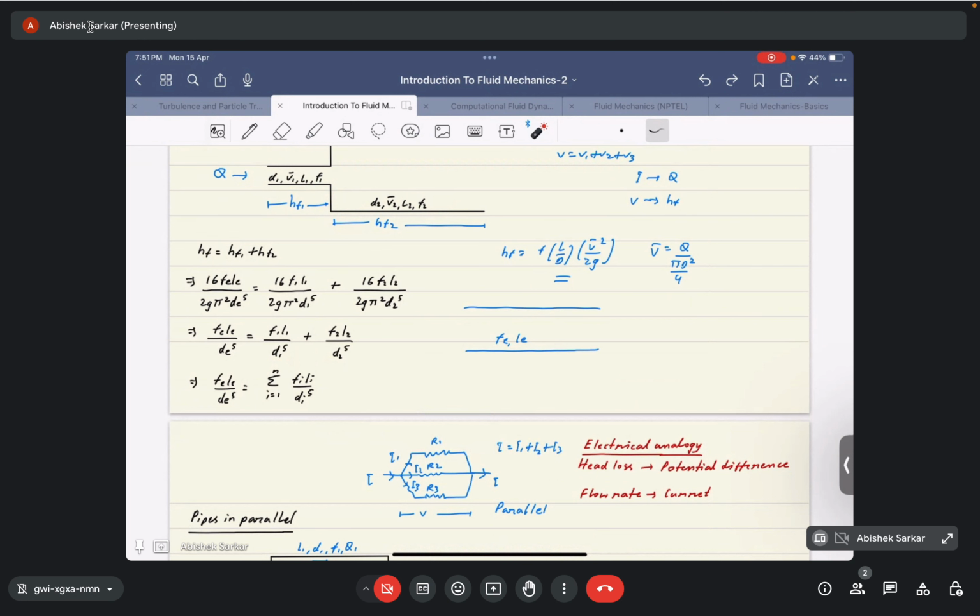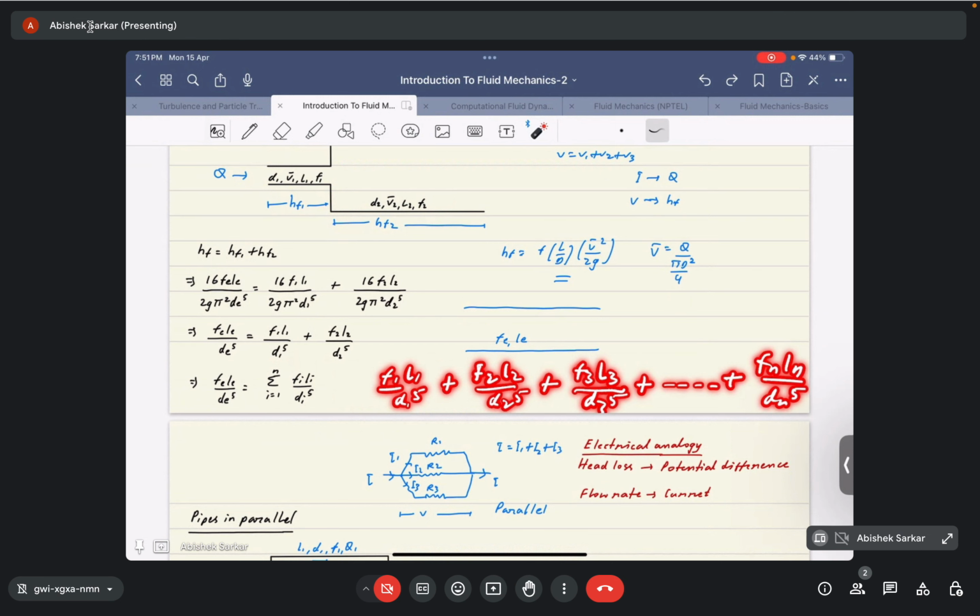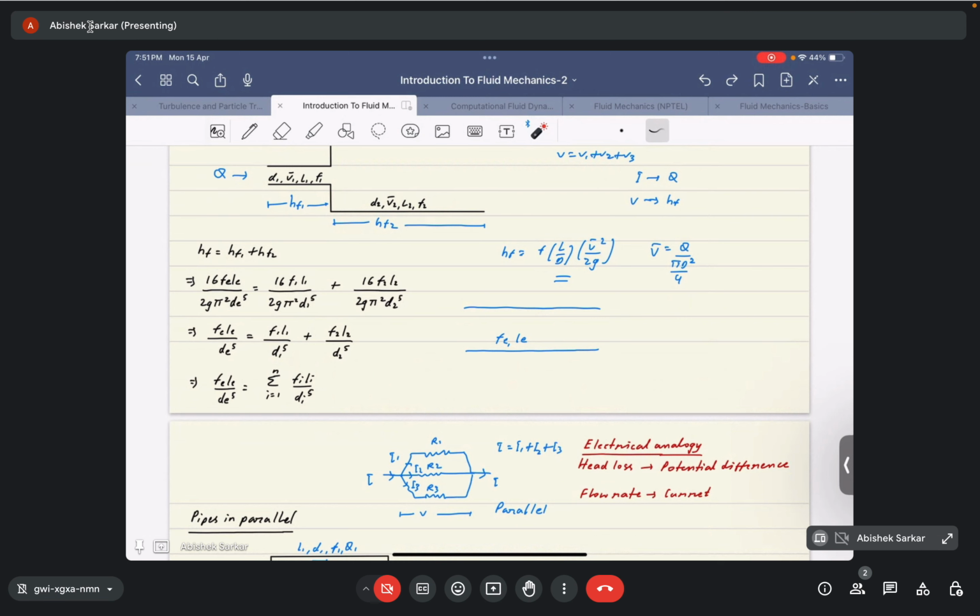That is, F1 L1 by D1 to the power 5 plus F2 L2 by D2 to the power 5 plus F3 L3 by D3 to the power 5 plus and so on up to Fn Ln by Dn to the power 5. This is what the summation sign basically means.